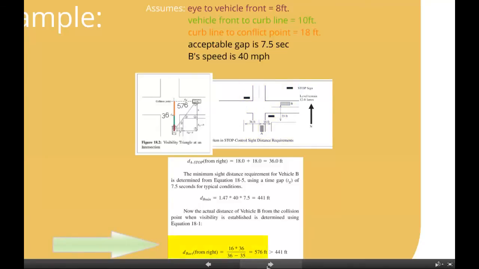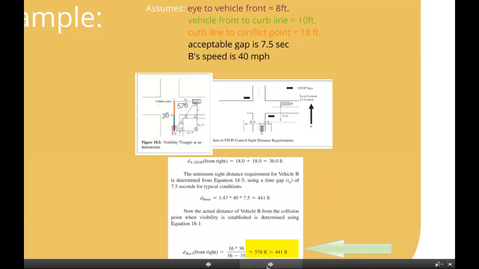Step 3. Use the visibility triangle to compute the actual position of B when first visible to A. dB actual is computed here to be 576 feet. This means that with A 36 feet from the collision point, B doesn't come into view until B is 576 feet from collision.